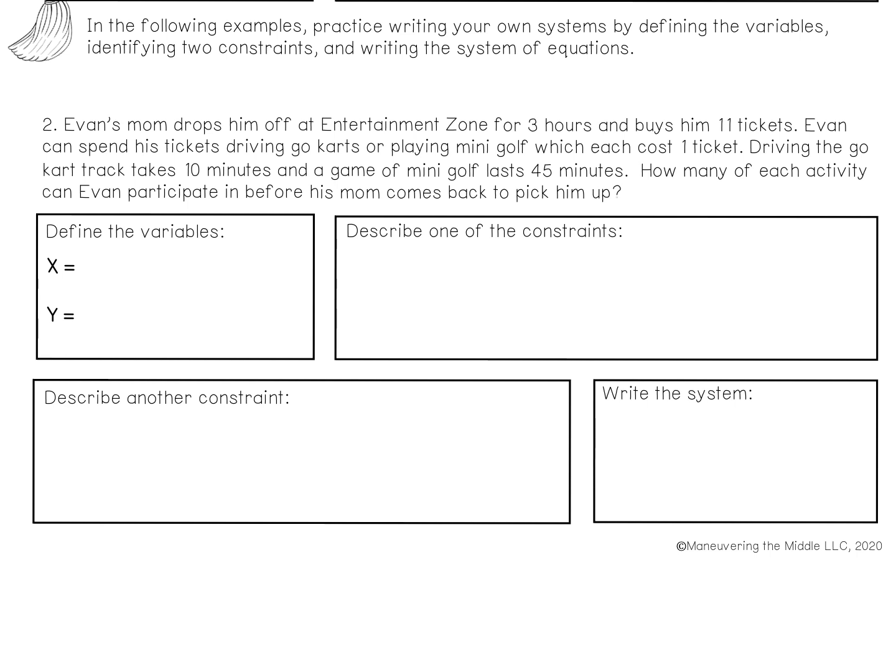Evan's mom drops him off at Entertainment Zone for 3 hours and buys him 11 tickets. So we know 3 hours and 11 tickets. So those are going to be our 2 things that we're comparing. He can spend his tickets, okay, driving go-karts or playing mini golf. And each one costs 1 ticket.